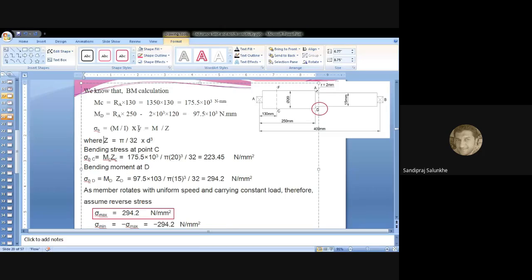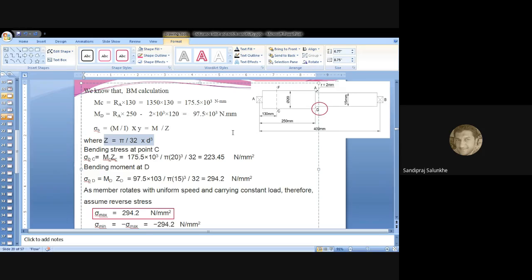Because when we put the value of Y as d by 2 and I as pi by 64 d raised to 4 for the circular section, this d will get cancelled and the value of Z will come as pi by 32 d cube.